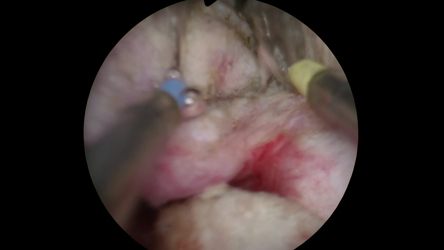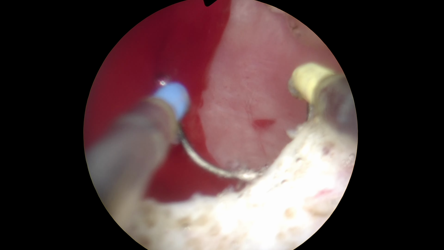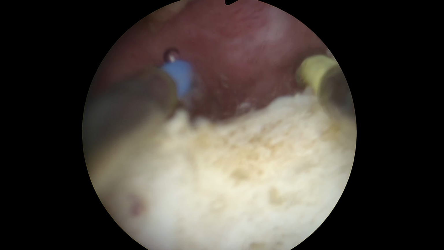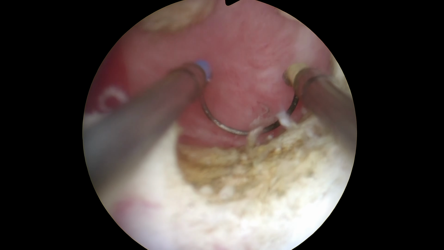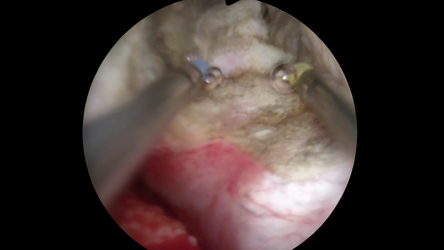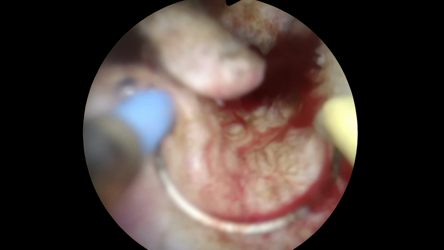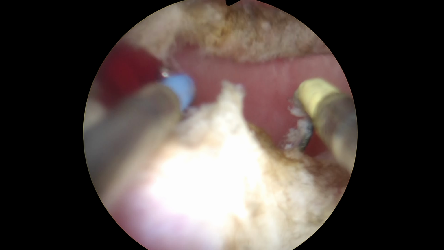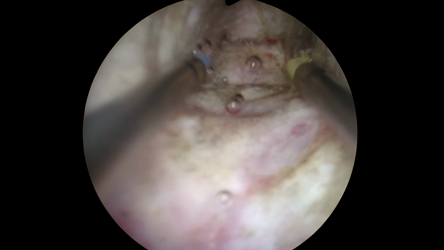So after coagulation, I continue the resection, and I've almost reached the back wall of the uterus, and I'll soon complete the first stage. As you notice in the process, I coagulate all the vessels in place and only then continue the resection.